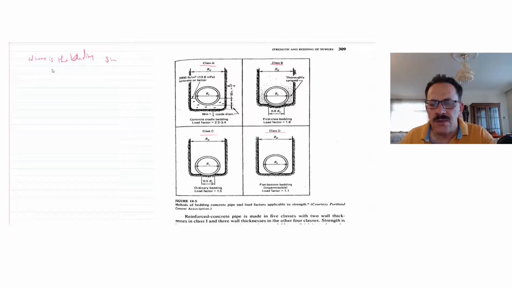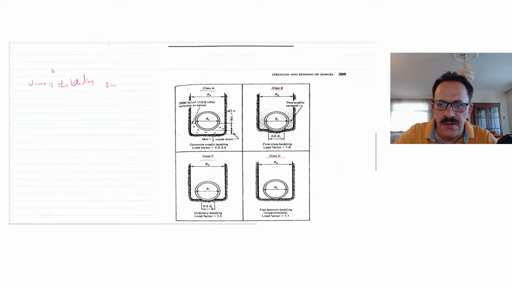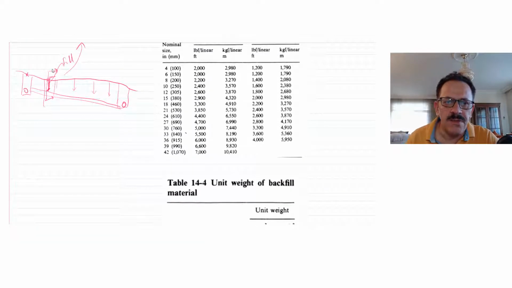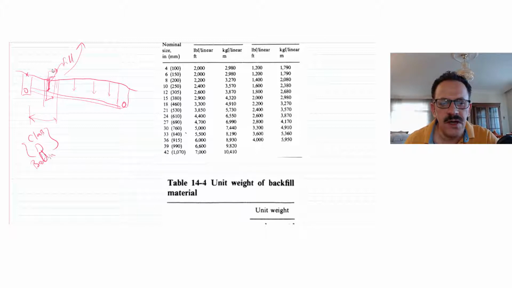So in the same example, we may say that from here to there, Class D is the required bedding, so you have to go with Class D. In this part, we may have a Class A bedding.